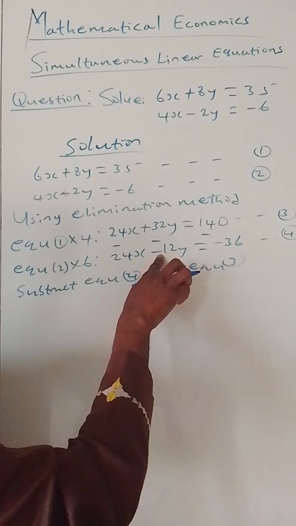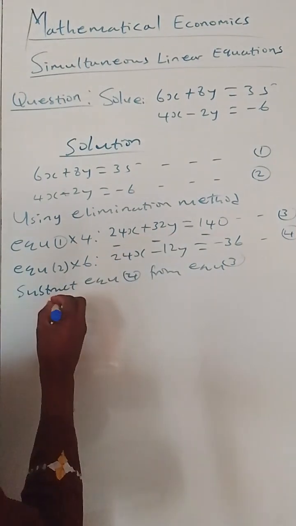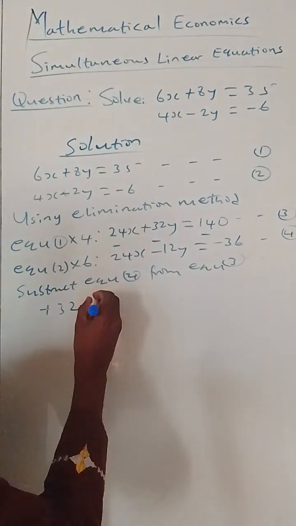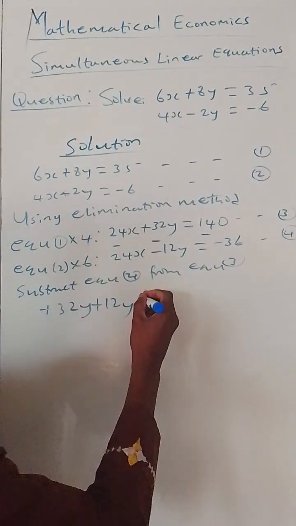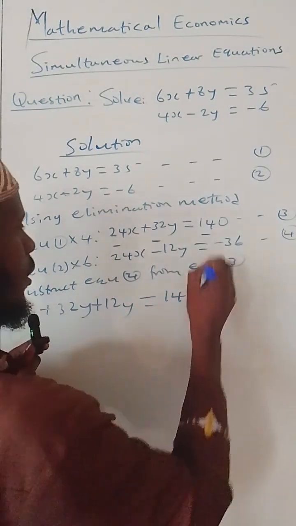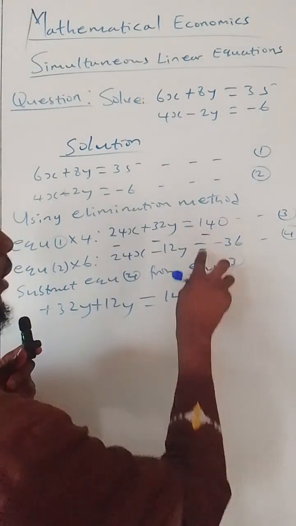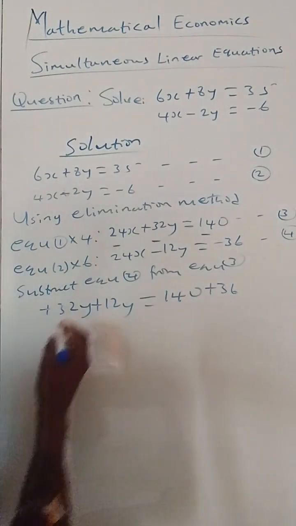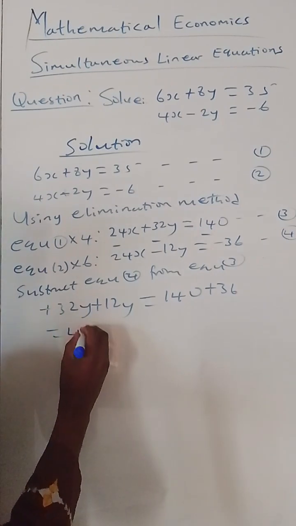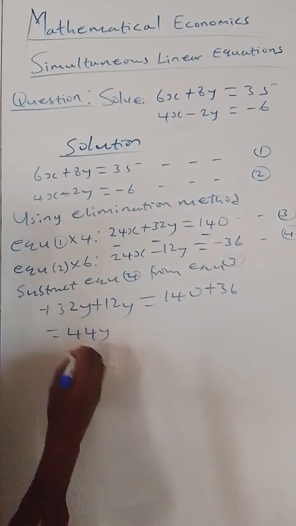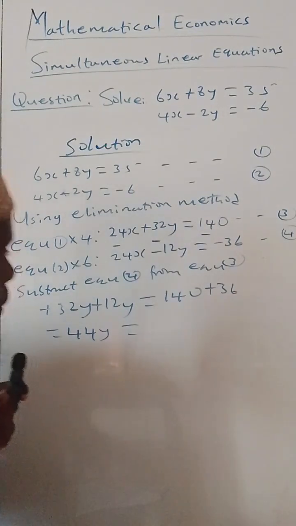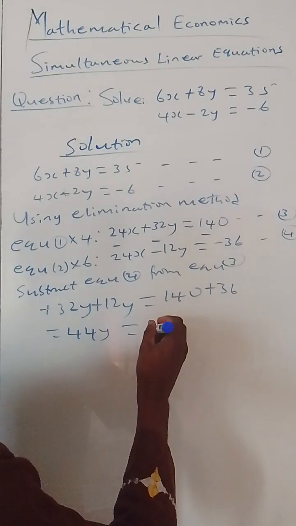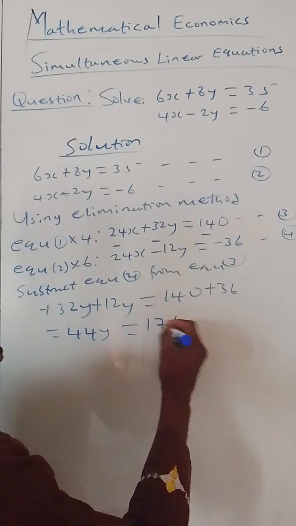Minus times minus is plus, so this becomes 32y plus 12y, which is 44y, equals 140. Then I have minus 36 here, and minus times minus is plus, so that becomes plus 36. 140 plus 36 becomes 176.